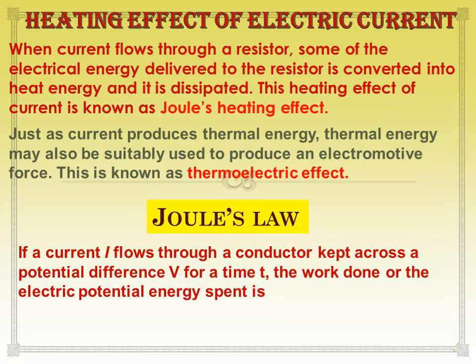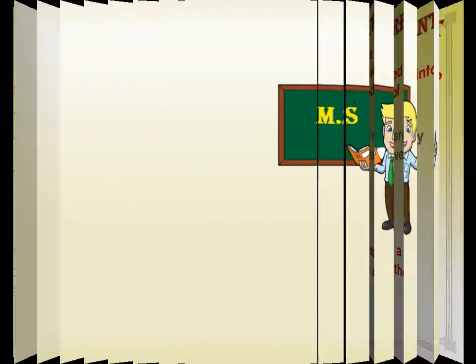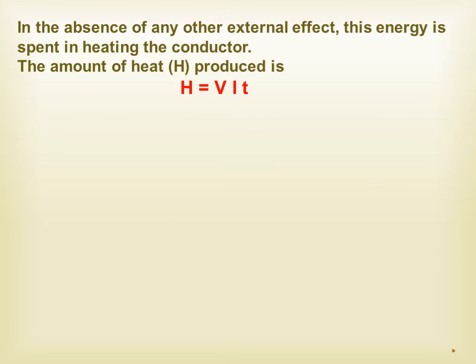It states that if a current I flows through a conductor kept across a potential difference V for a time t, the work done or the electric potential energy spent is W = VIt.